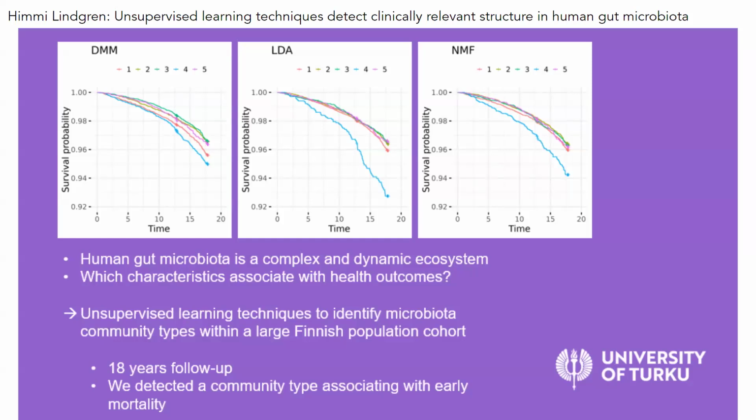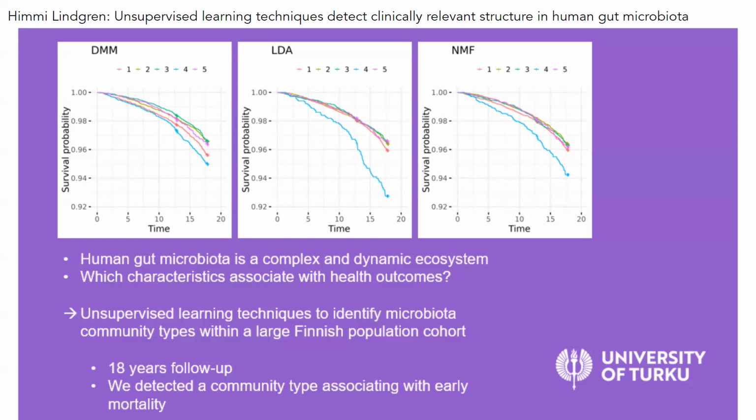Hello, everyone. I'm Himmi, and I'm going to talk about the human gut microbiota, which is a complex and dynamic ecosystem. But how can we uncover its key ecological characteristics that associate with health outcomes? Our research aims to answer this question by applying unsupervised learning techniques to identify microbiota community types within a large Finnish population cohort data.